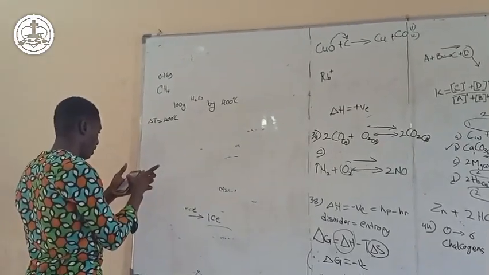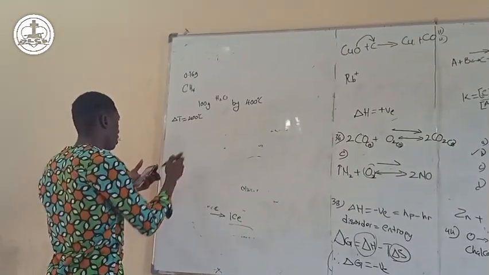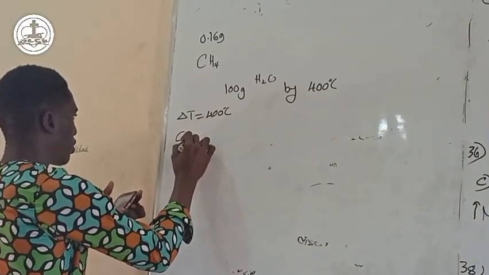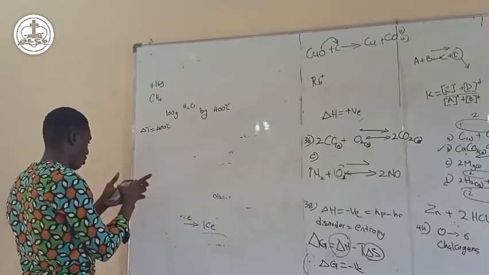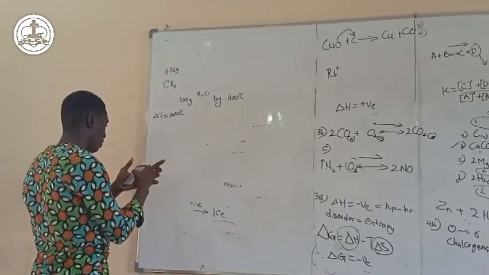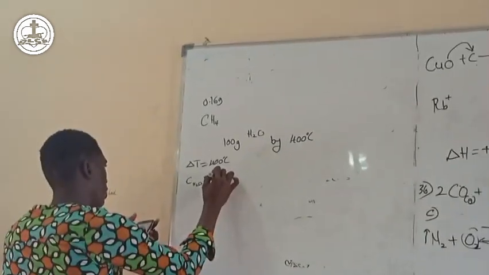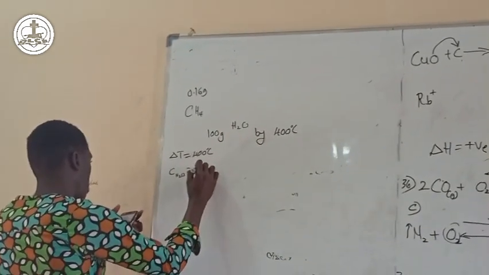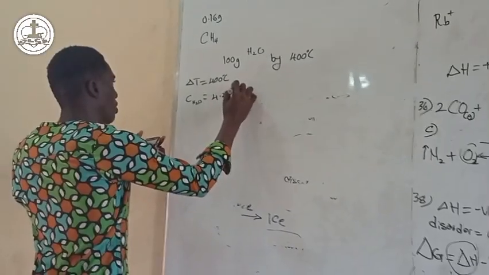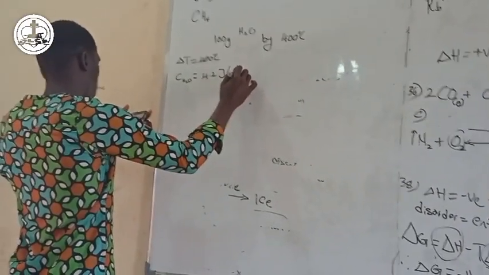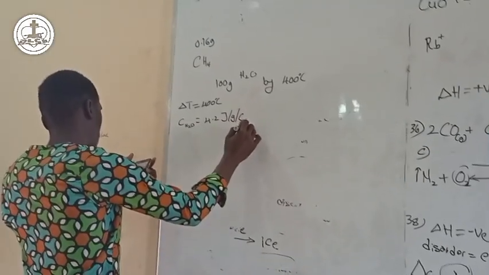If the heat capacity of water, H2O, is 4.2 joules per gram per degree Celsius.